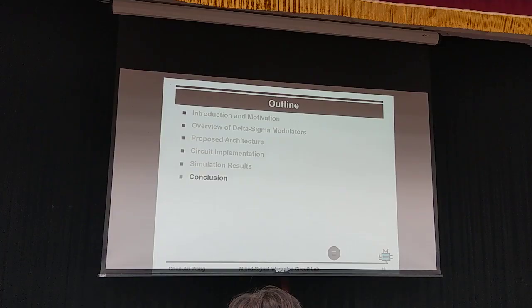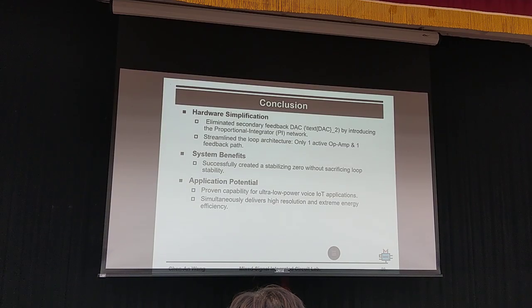And this is my conclusion. By introducing the proposed proportional integrator network, we have successfully eliminated the secondary feedback. This change creates the required stability zero without sacrificing system stability, while streamlining the loop to utilize only a single active amplifier and a single feedback path.